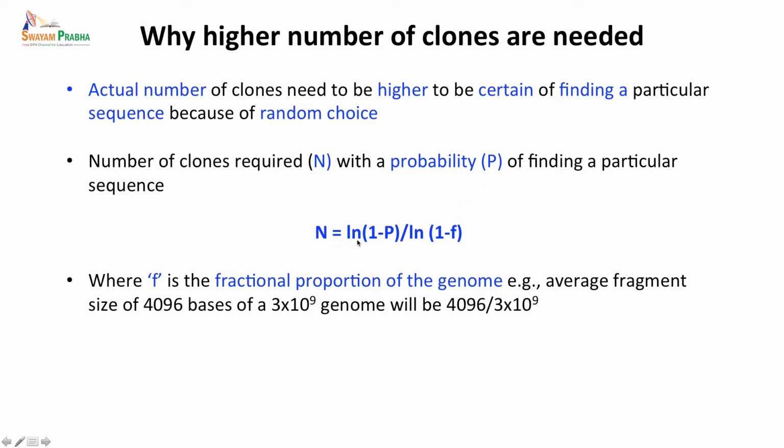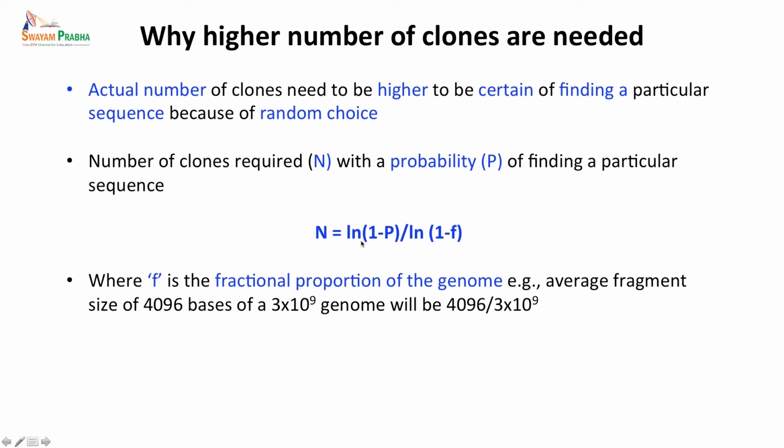So n is equal to natural log of 1 minus P, the probability with which you want to find the sequence. For example, if you want to be 90% sure that when you screen the library you get the clone of your interest, then P becomes 0.9. If you want to be 99% sure, P becomes 0.99.